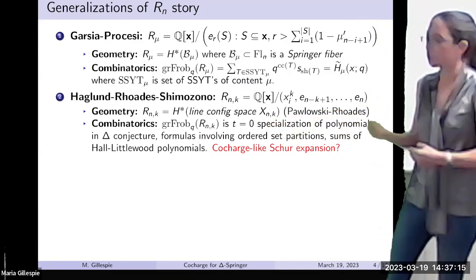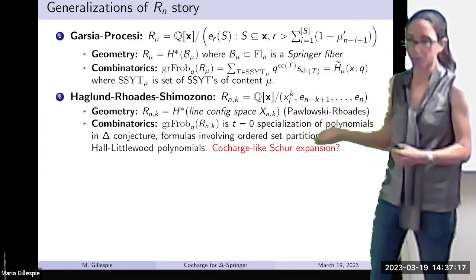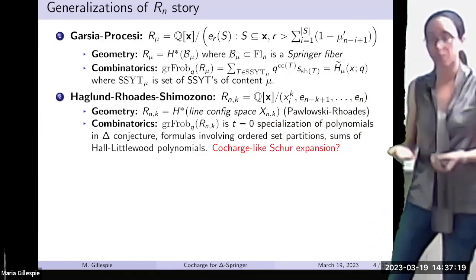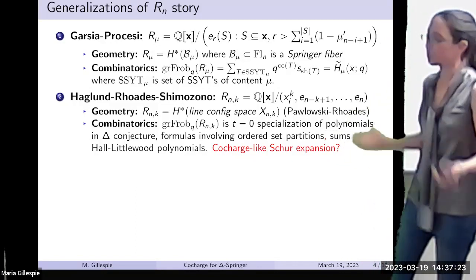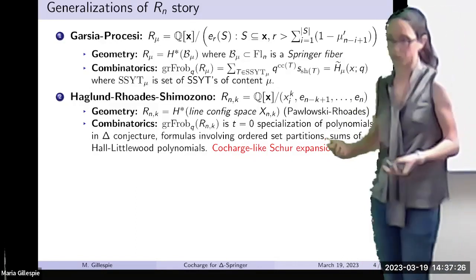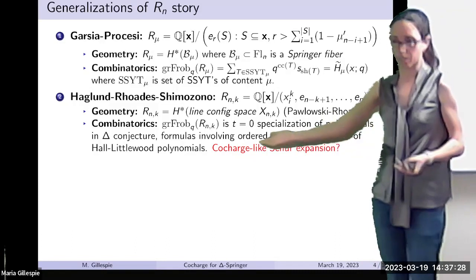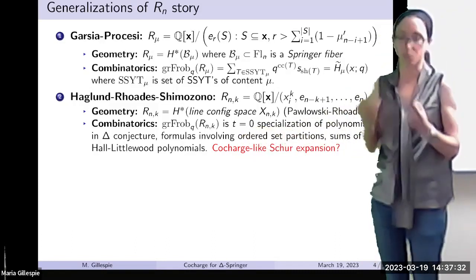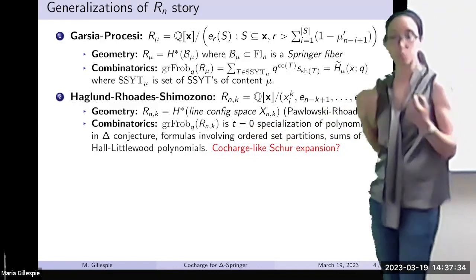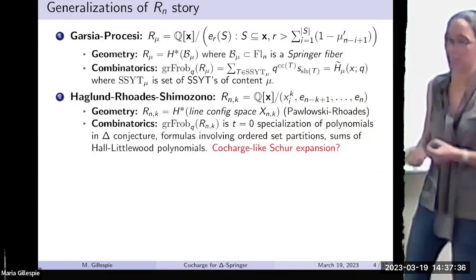We'll see another one soon, but the first one was found by Pawlowski and Rhoades via line configuration spaces. And there's a lot of interesting combinatorics in these modules. They came up actually as the graded Frobenius at the t equals 0 specialization of the polynomials that arise in the delta conjecture.